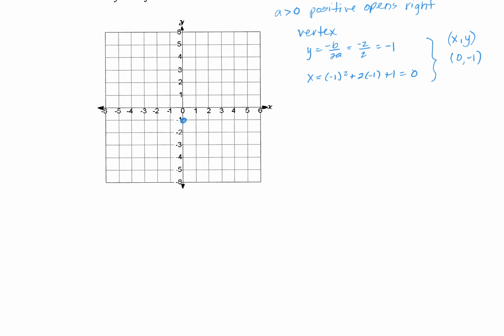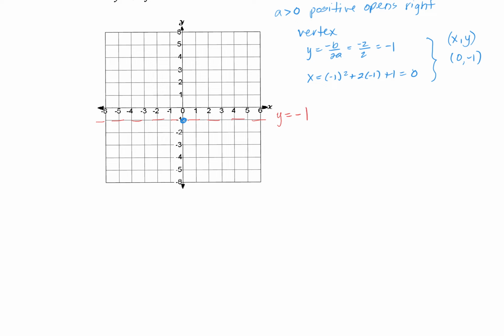At this point, if I was graphing up, down, I would find my axis of symmetry, which would be a vertical line. But now we have an axis of symmetry that is a horizontal line. And that horizontal line is going to pass through our vertex. Since it is a horizontal line, the equation is going to be y equal to negative 1.